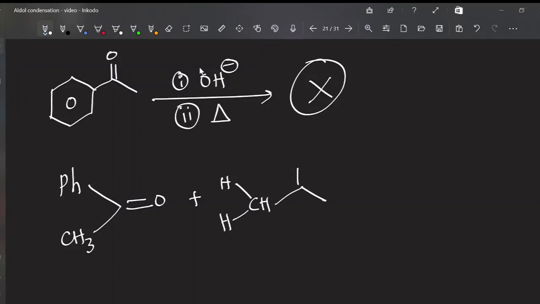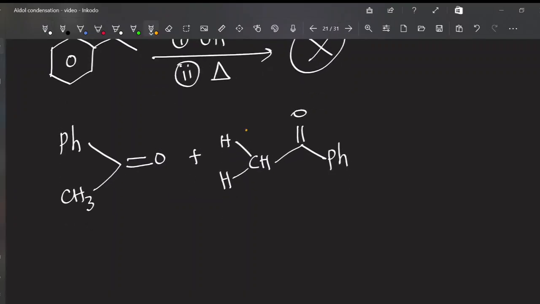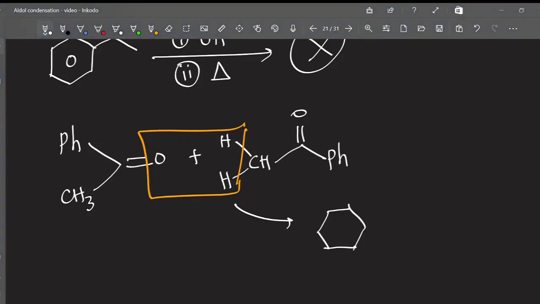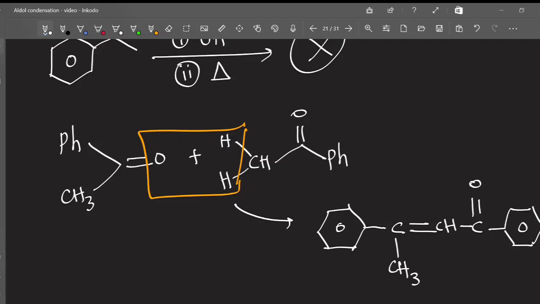This H2O needs to be taken out, and then what we are going to get is, let me write, a benzene ring attached to the carbon, a double bond, and there is a methyl, with a CH, C double bond O with a benzene ring. Hope it is clear. So this is the product we will get.